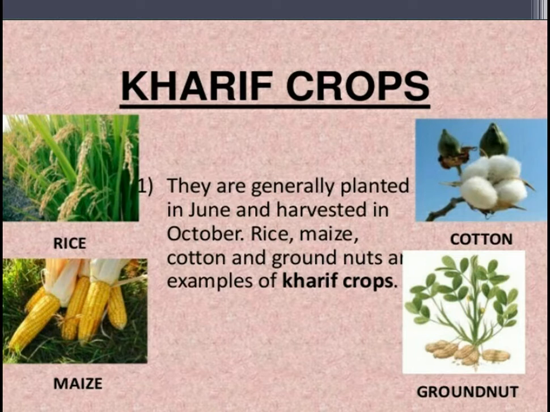So after seeing the photograph, your understanding is that rice, cotton, maize, groundnut are the Kharif crops. They are generally planted in June and harvested in October. And dear cadet, one more thing, whatever months are mentioned in the textbook which I had shown you earlier, only that you have to write. No need to write from this photograph.